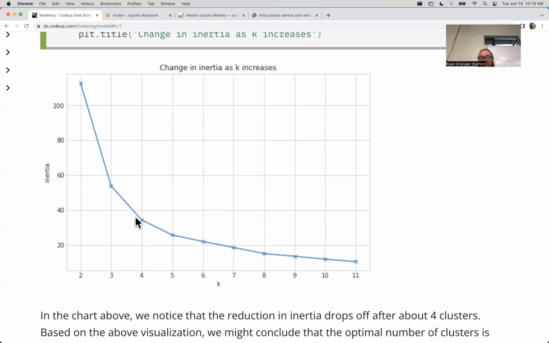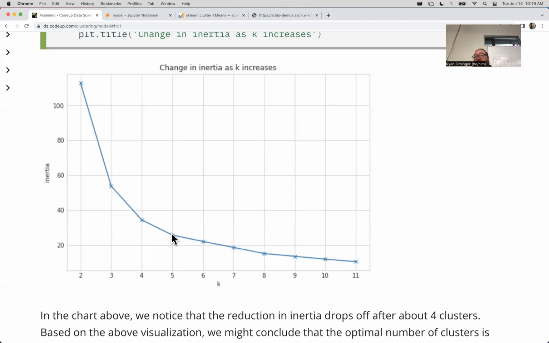But really here, you're looking for an inflection point that might make sense. So looking at this, 10 or 11 doesn't make sense to me. 9, 10, 11, 8, 7, 6. I'm really thinking the sweet spot here is somewhere between 3, 4, maybe 5.